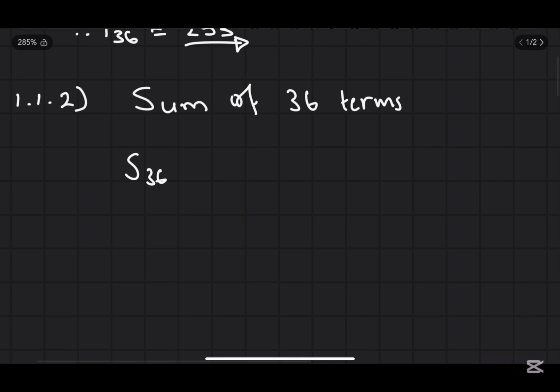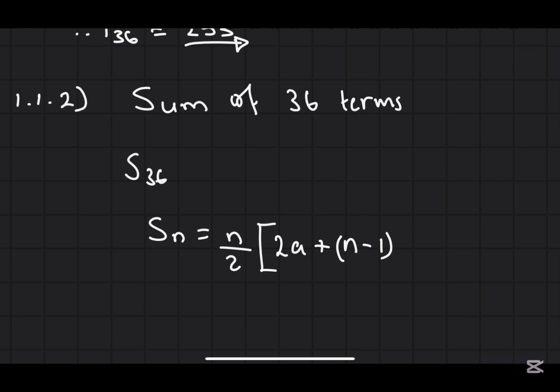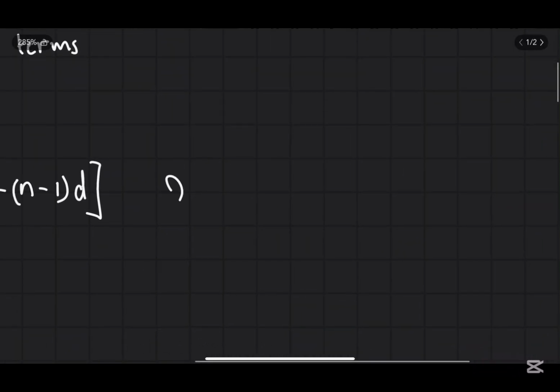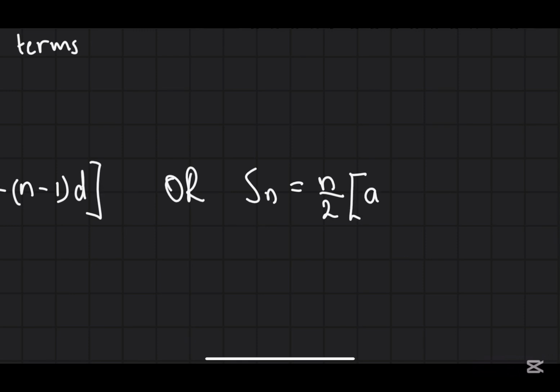And for the sum formula, we essentially use this formula: Sn is equal to n divided by 2 times (2a plus (n minus 1) times d). Or you can use this formula: Sn is equal to n divided by 2 multiplied by (a plus the last term).